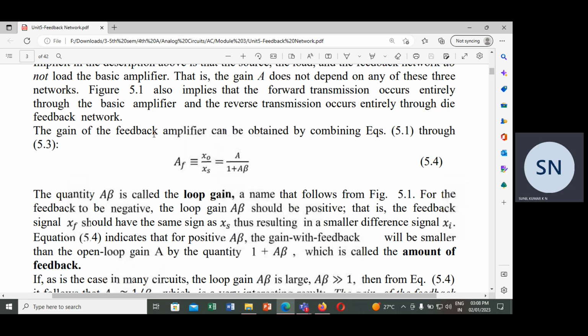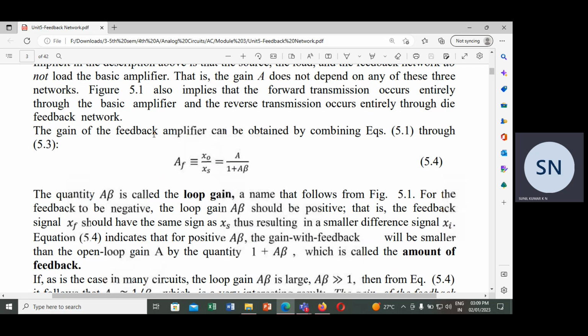So what is this? A corresponds to what? X0 by Xs is the amplifier.